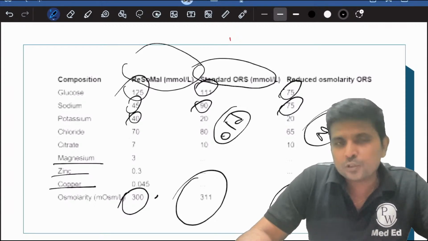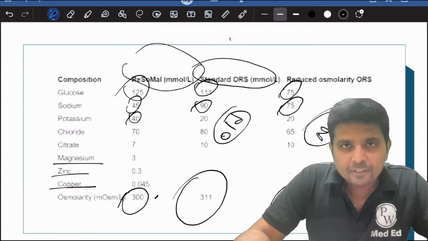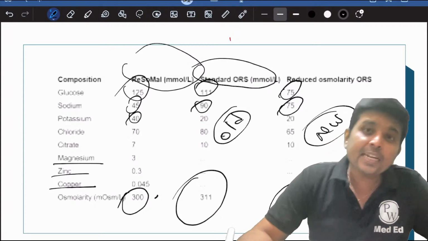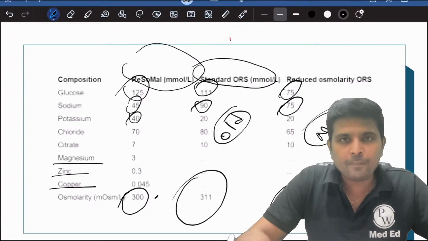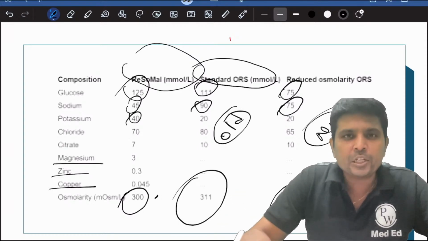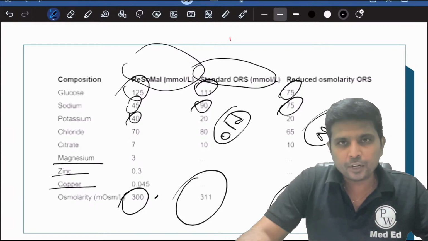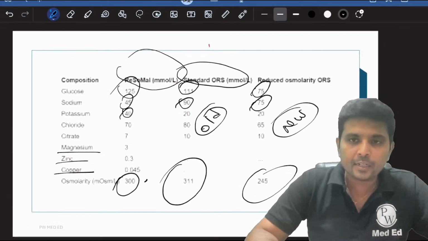Third, the glucose value in the old ORS is 111, which is reduced to 75 and increased to 125 in ReSoMal. Potassium value in old and new ORS is 20 each, but it has been increased to 40 in ReSoMal. Very, very important chart.